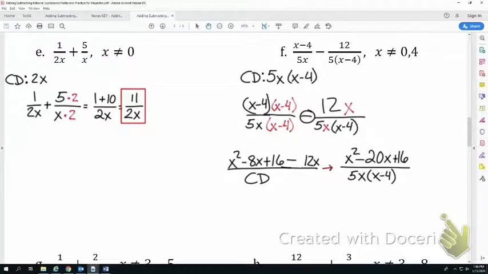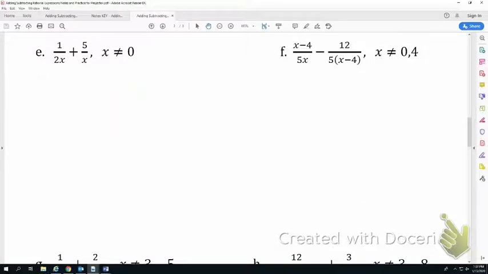Can I factor the numerator? What factors of 16 add up to negative 20? If no one's figured it out so far, what might that tell you? You can't factor it. How would you factor that if you could?